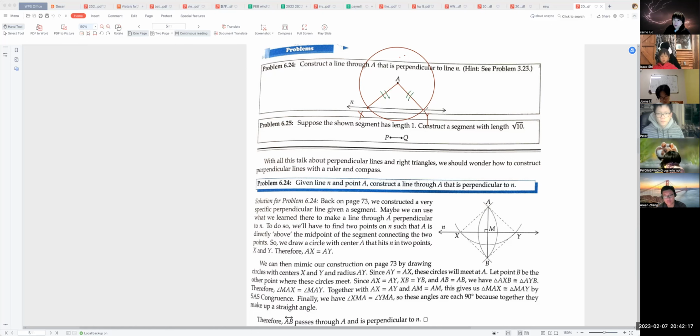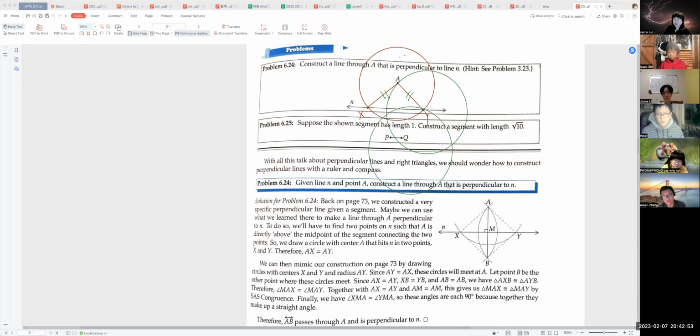Okay, so now I'm going to use Y as the center of the circle, and I'm going to use AY as the radius to make a circle, just like that. Get it, everybody?